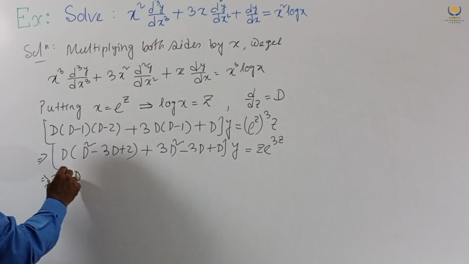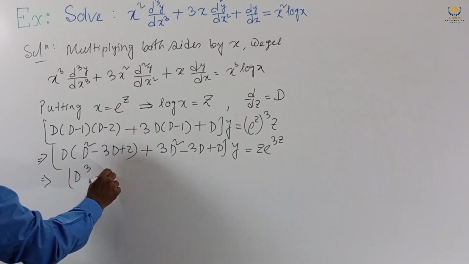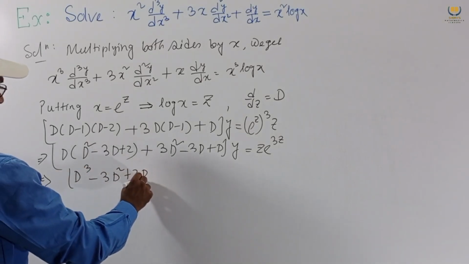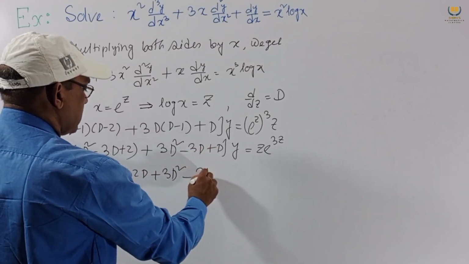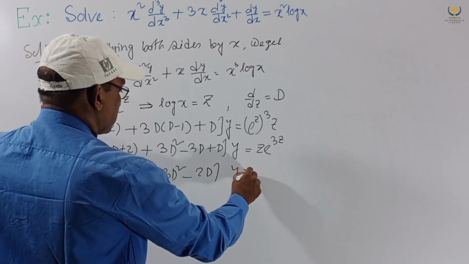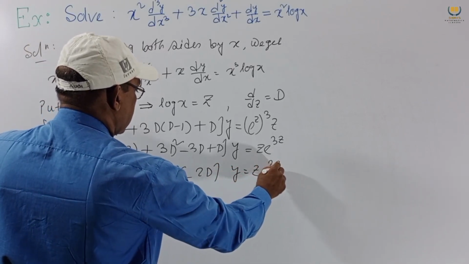This implies D cube minus 3D square plus 2D plus 3D square minus 3D plus D, y equal to z e to the power 3z.